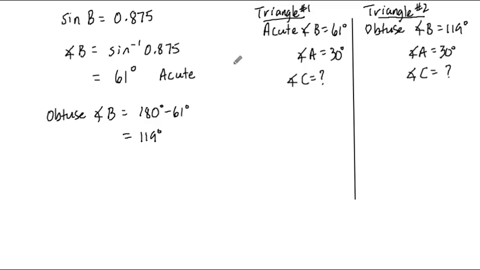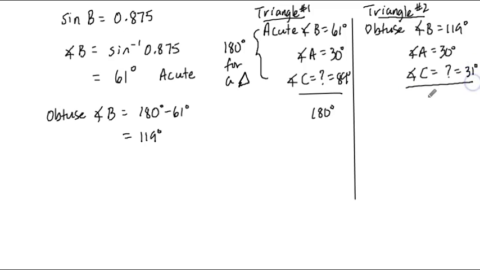If I call them triangles 1 and 2, remember the three angles have to add to 180 degrees for a triangle. That leaves 89 for angle C here and 31 degrees for angle C in the second case. So we have two possible triangles.